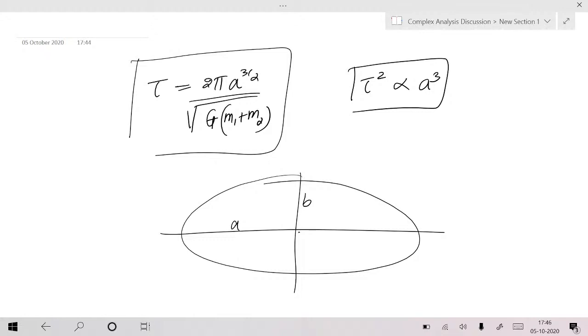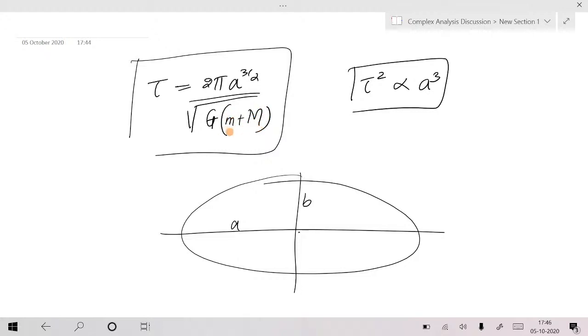Now look here. The question that you asked is about the same time period for two planets with the same semi-major axis. That is correct. If they have the same semi-major axis, they have the same time period, provided the masses are also the same. Usually it is better to write it like this: small m is the mass of the planet, and capital M is the mass of the sun.